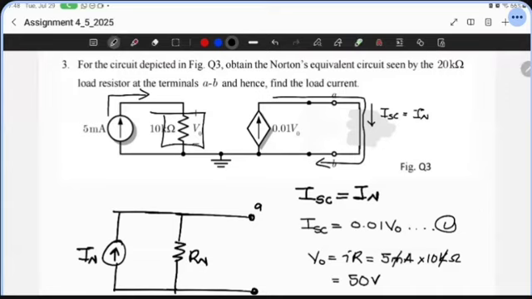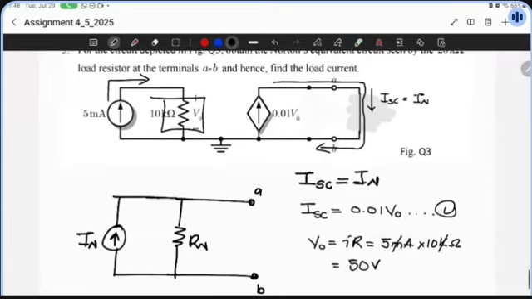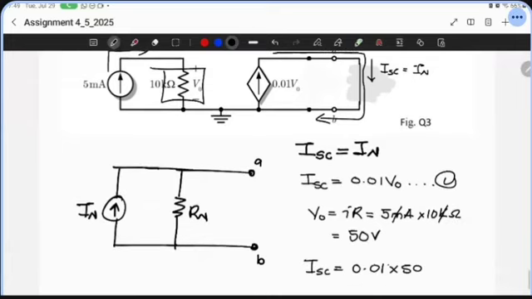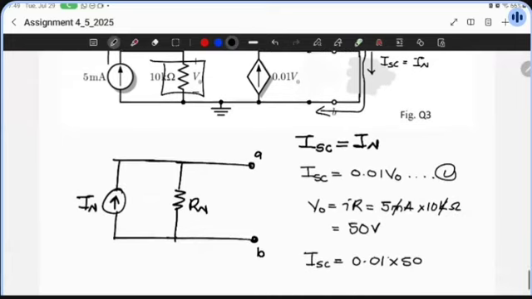So V0 is 50 volts. This allows us to get I short circuit. Since I short circuit is 0.01 times V0, and V0 is 50, when you multiply by 0.01, we get 0.5 amps.